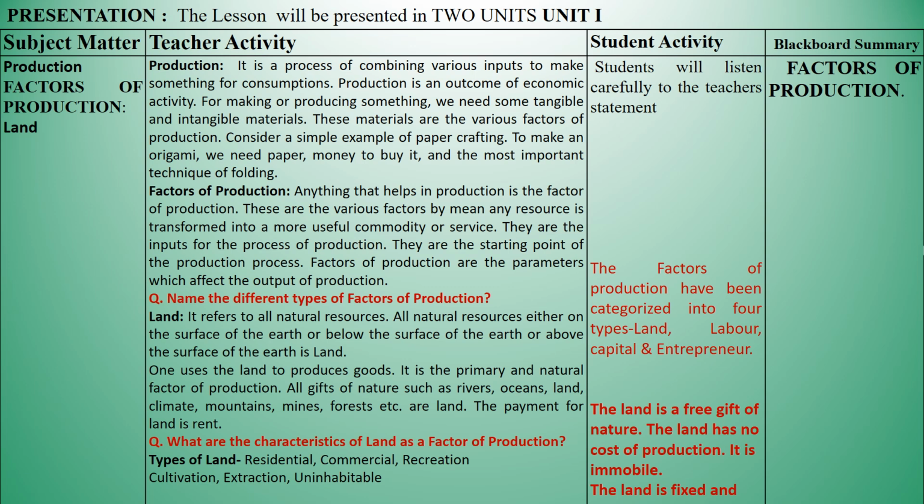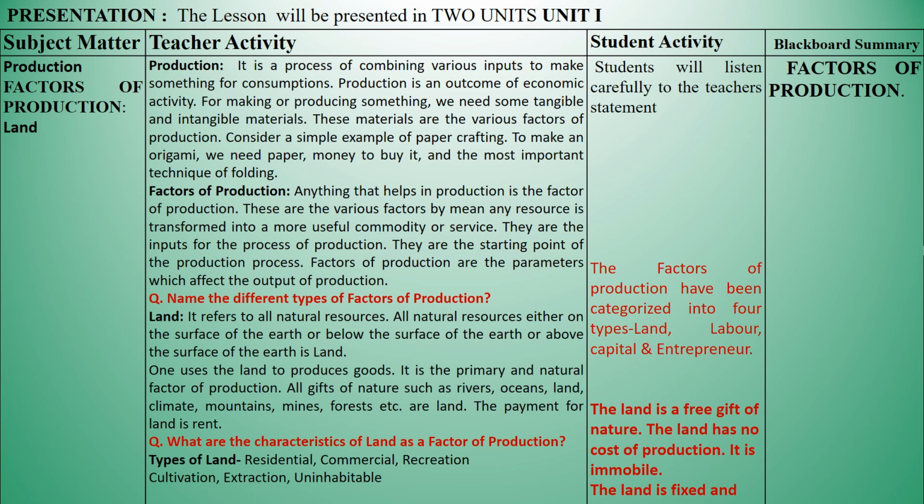Consider a simple example of paper crafting. To make an origami, we need paper, money to buy it, and the most important technique of folding. The next is factors of production. Anything that helps in production is the factor of production.